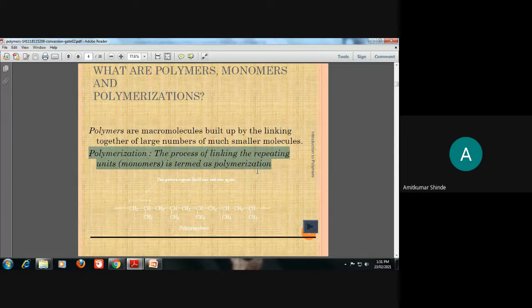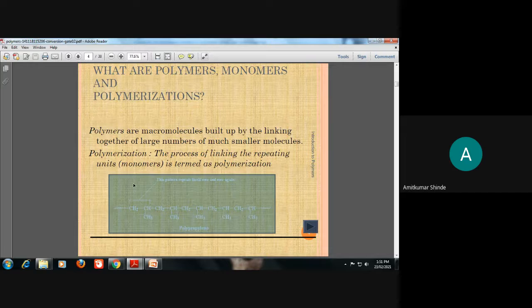Whichever material is formed by the combination of repeating units, that particular material is termed the polymer. The process is termed polymerization, and the resultant material or component is termed the polymer.